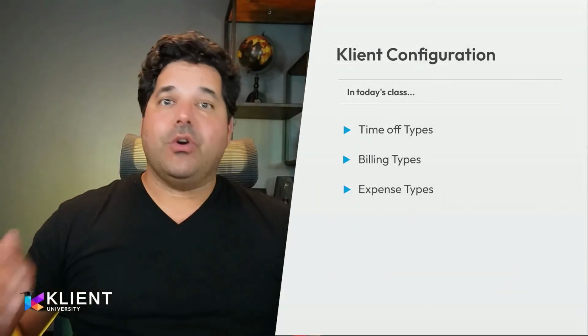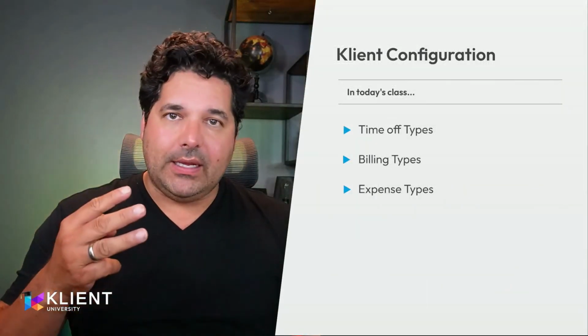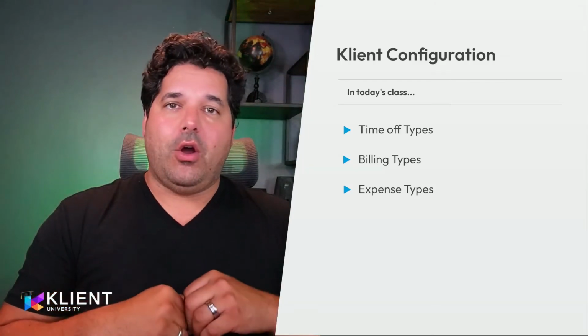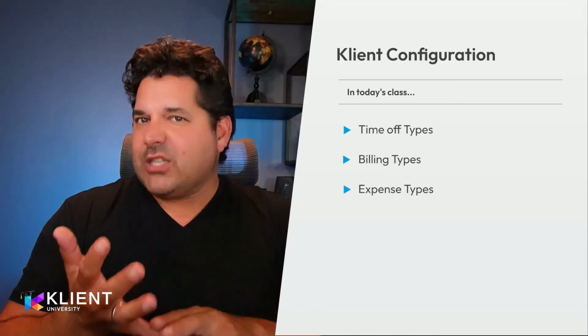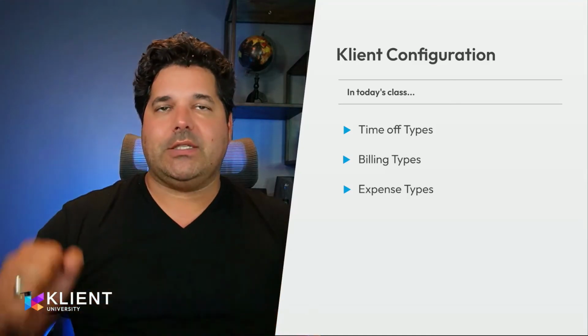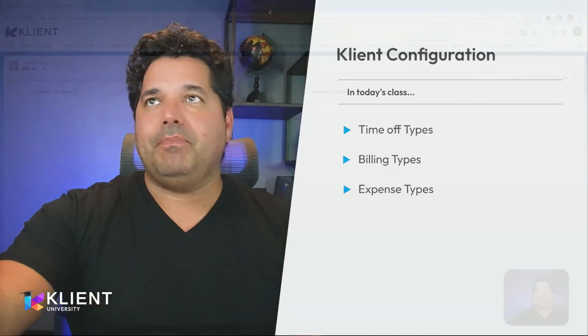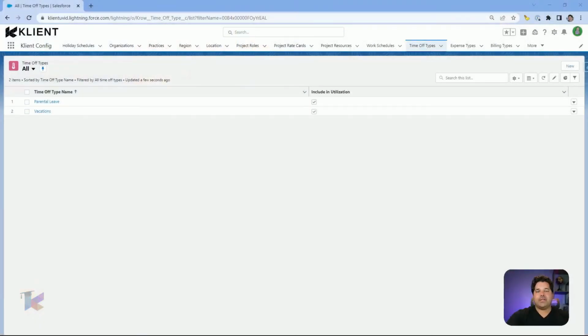This next session is going to be dedicated to 3 setup objects that are similar in the concept that they are all taxonomy or library type of objects. Let's look at the first one, the time off types. So here each record would represent time off types that are recognized in your organization, either if they're paid or unpaid. Doesn't make any difference.